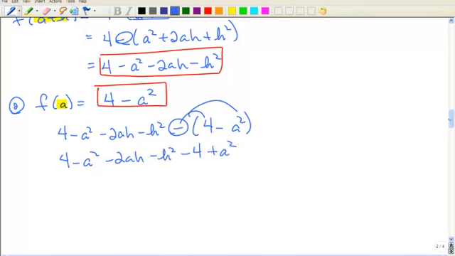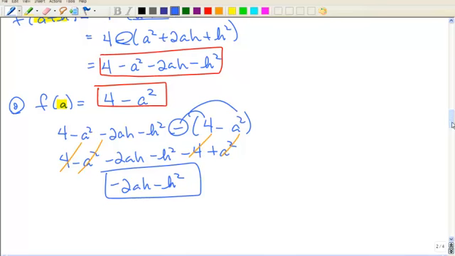And then I want to collect like terms, and this is where you will see things adding out to 0. And so we just get that. You're going to be doing that so many times. Just be very careful with your negative signs.